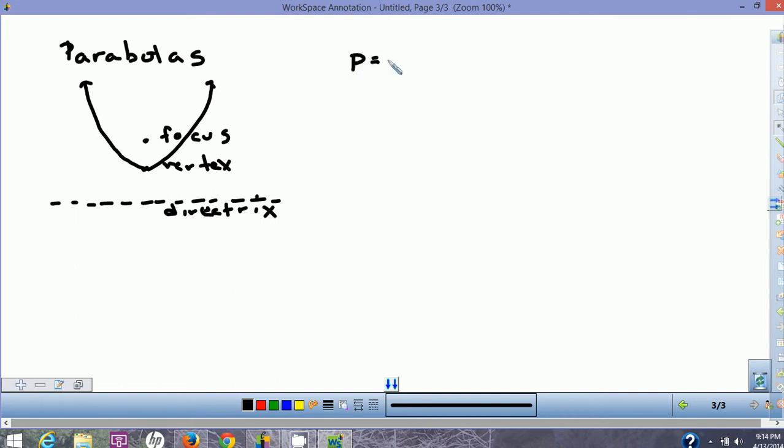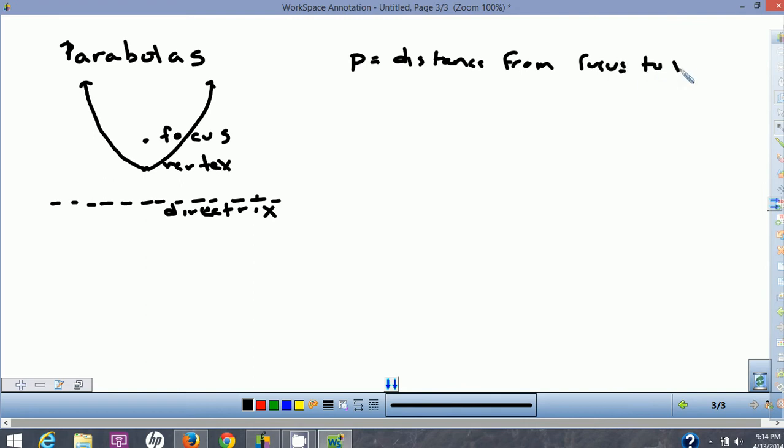The letter p is used to mean the distance from the focus to the vertex, or since they're exactly the same, the vertex to the directrix. More often than not, it's referred to as focus to vertex because you're talking about 2 points and you don't have to get into that perpendicular distance stuff.